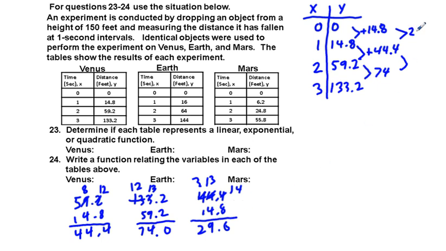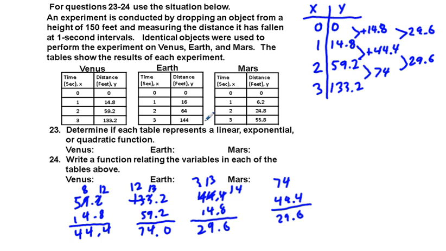So 29.6. Okay, the last one we have is going to be 74 minus 44.4. And so we're going to get, again, 29.6. So 29.6 is our second difference.